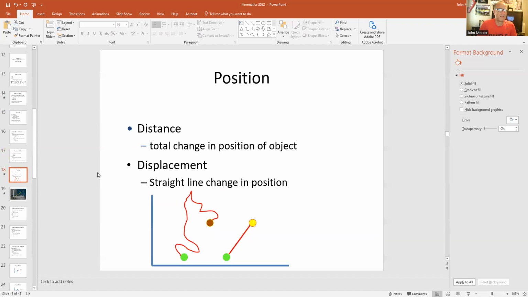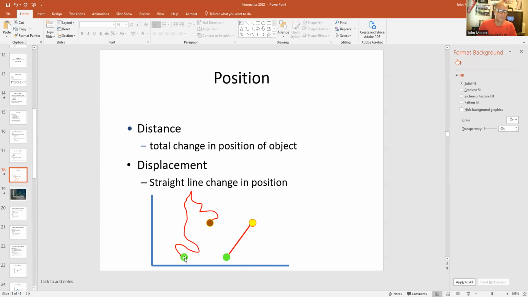All right, a little bit more on position. There's just a schematic of distance versus displacement. So here I've got this object at this location and then in this location. I've got, in essence, the same object. I've got different colors just so that we can distinguish them from each other here. This is the same object moving to the same place.